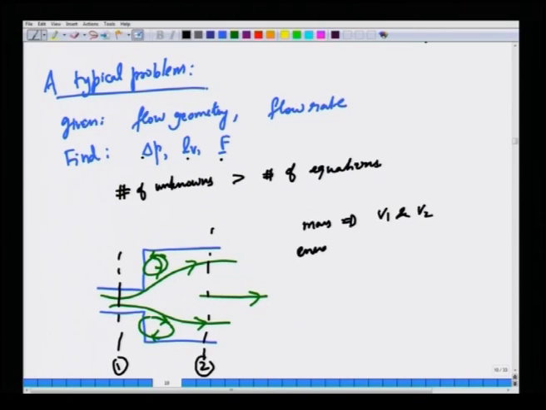The energy equation has two unknowns, delta P and viscous loss, but the momentum balance has an unknown, the force. That is also an unknown. So, mass balance simply relates V1 and V2; given V1 we can find V2. That is the only job of mass balance. We have two equations, but three unknowns.